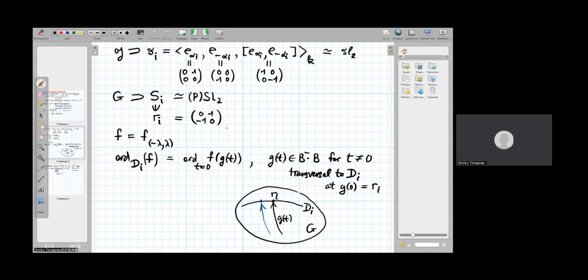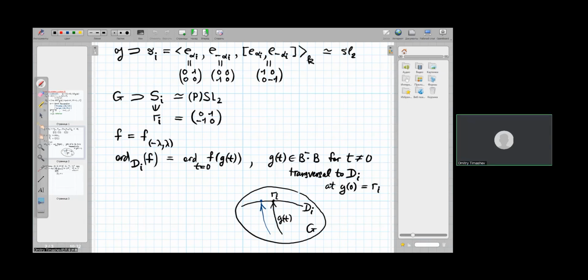The matrix of Ri is in the algebraic group Si, not in the Lie algebra. The matrix 0, minus 1, 1, 0 does have determinant 1, of course it does. Thanks, now it's clear.